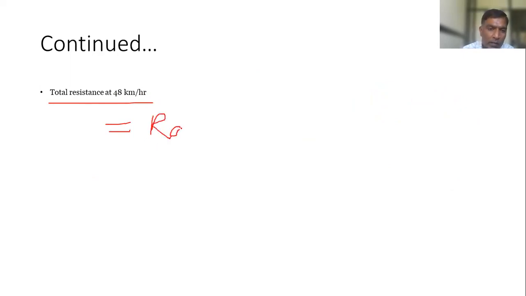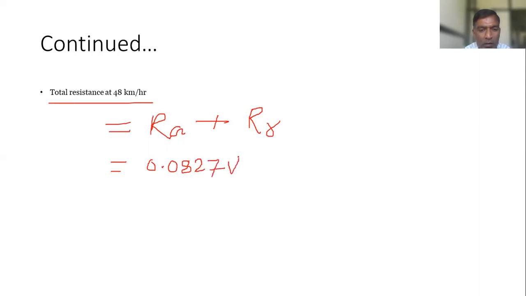Here I will write RA. Now check what combination they have given. Tell me, Sachin, 8 827 V square. 827 V square. It is on the slide, we will see it afterwards, plus what we are going to write, kW.